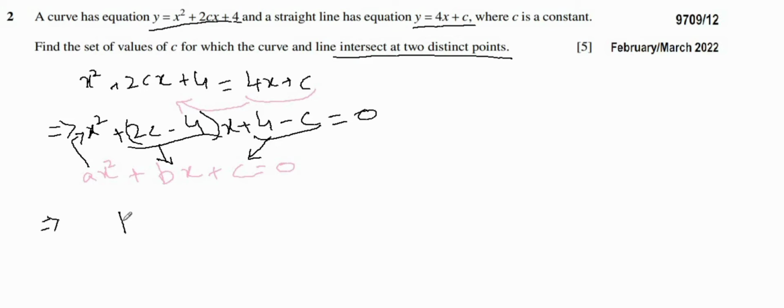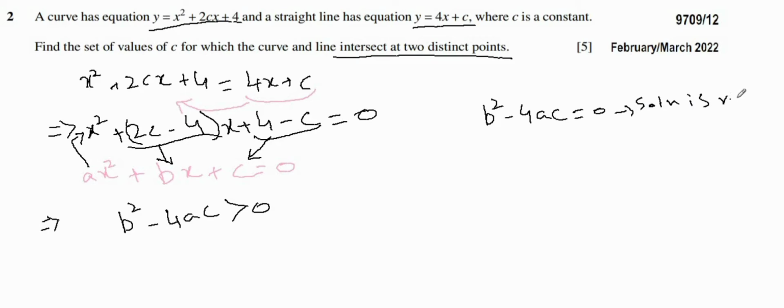So that means b squared minus 4ac must be greater than 0, and we all know why this is, because if b squared minus 4ac is equal to 0, that means the solution is real and 1.